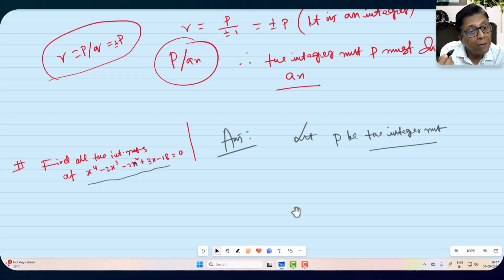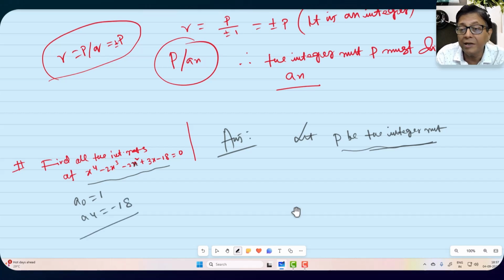So just by the above theorem, what is a0 here? 1. That's why you dare to assume that p is the integer root. So a0 is 1 and a1, a2, a3, a4. a4 is minus 18. What have we proved? P must divide minus 18.